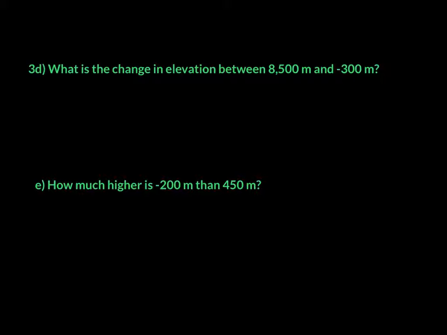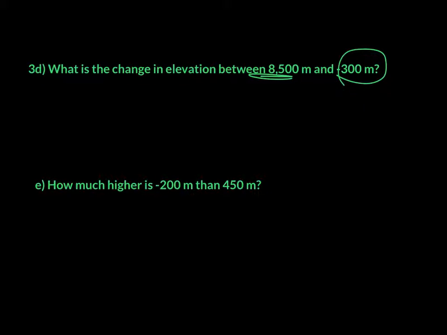Moving right along, what's the change in elevation between 8,500 meters and negative 300 meters? Again, where are we ending? Okay, so we're again ending because it's the difference between, so this is where we're starting, we're ending over here.